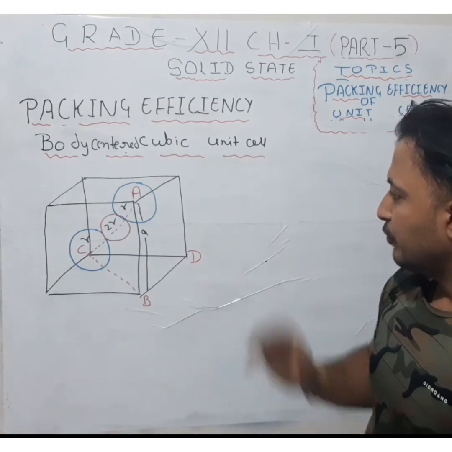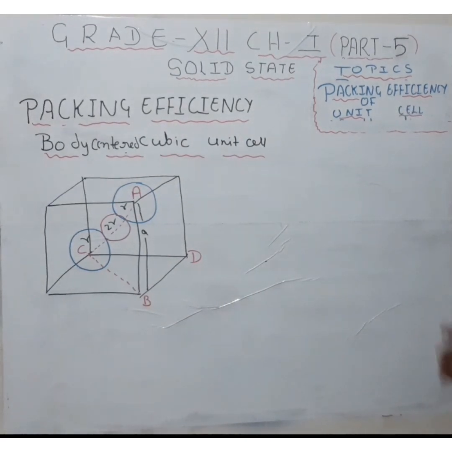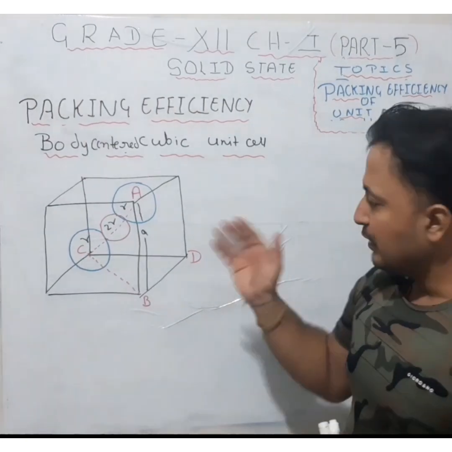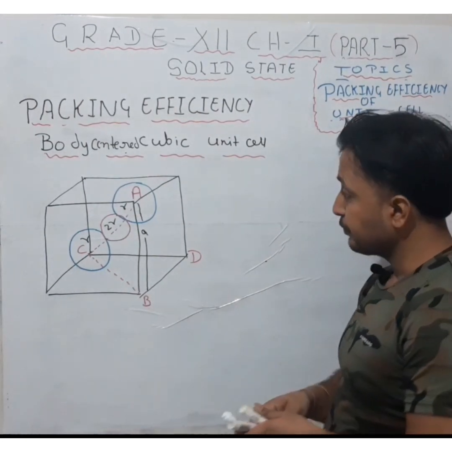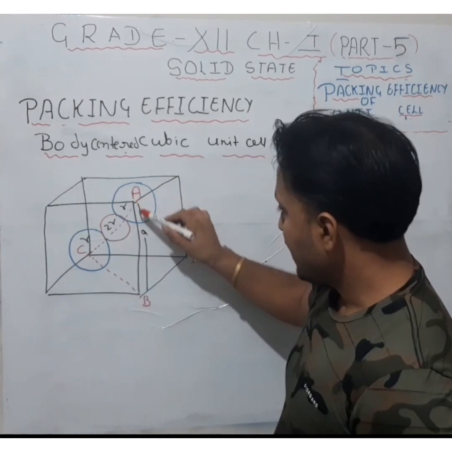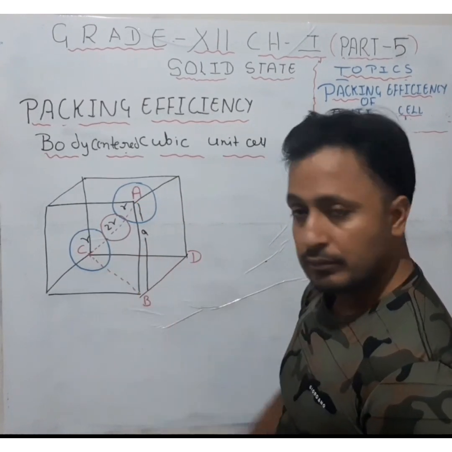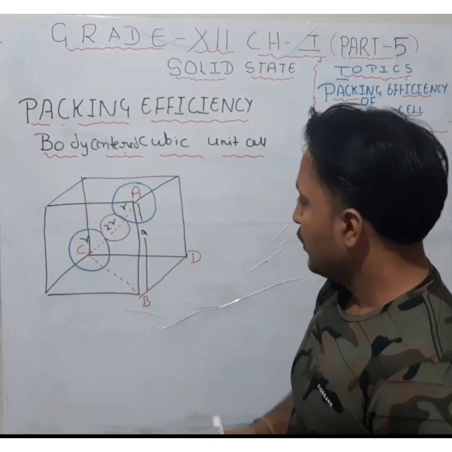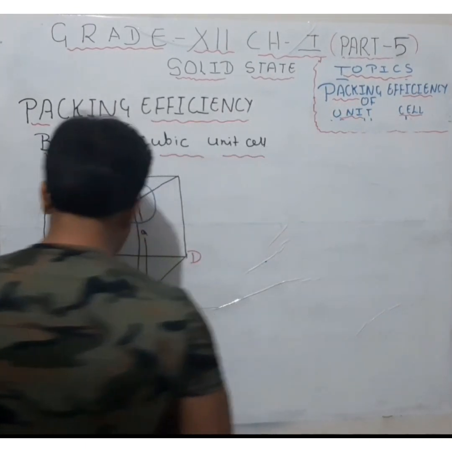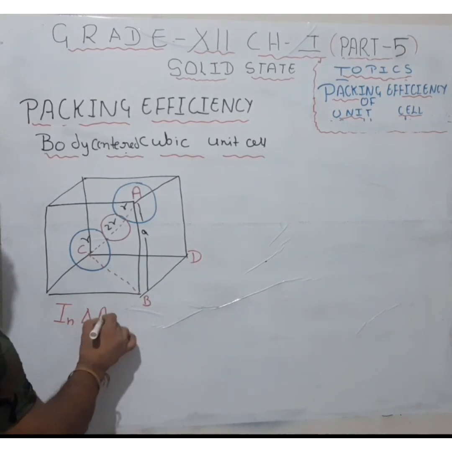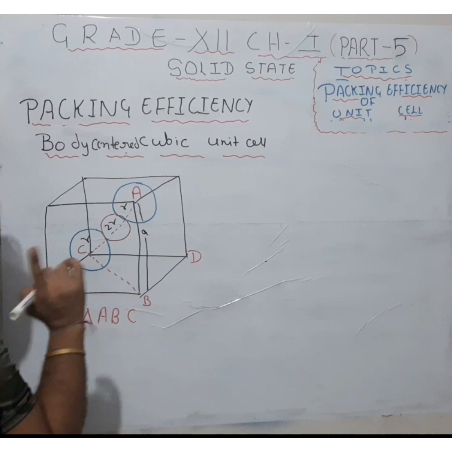So first of all we need to find the relationship between the edge of the unit cell and the radius. Now in this case, first of all we have to consider a right angle triangle ABC. ABC is a right angle triangle.